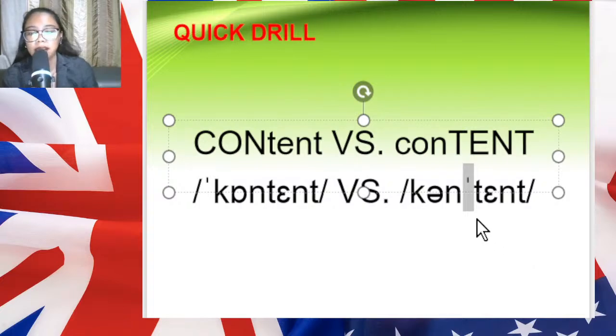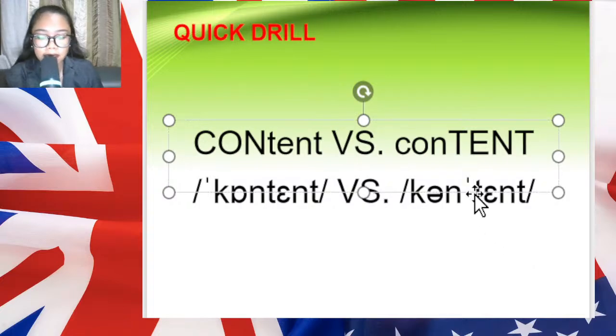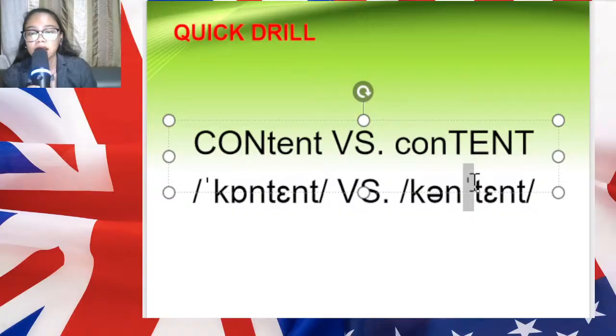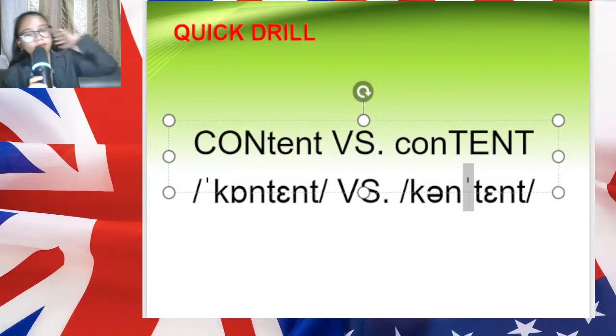Since we're talking about the second version of this word already, where we stress on the second syllable, let's look at that. Content. Again, content. Now, with this second syllable, I am referring to the feeling of being satisfied or maybe at peace. There's satisfaction in it.